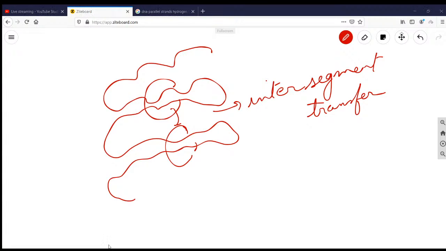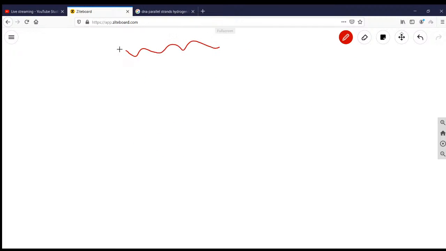Then next, it can go for intra-domain association or dissociation, or hopping. It is very similar to intersegment transfer, but this doesn't need the two DNA or the entire DNA strands to fold. It can occur like this also. Here they are folding. In that case, it can occur like this.